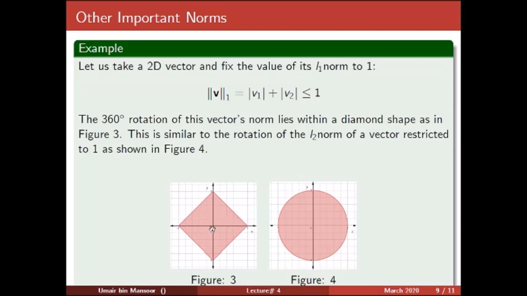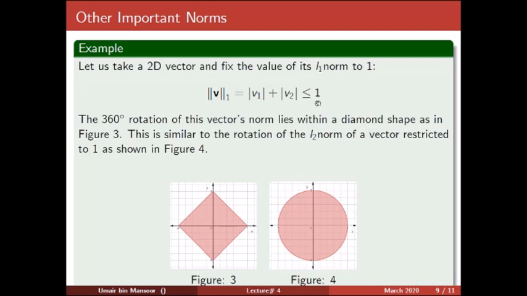Similarly, if I move this vector to this point, as I am increasing y, I am decreasing x, so that the sum of these components remains 1. Are you getting it? So if I fix the norm for L1 norm, I'll get a diamond. I'm fixing the norm to 1.